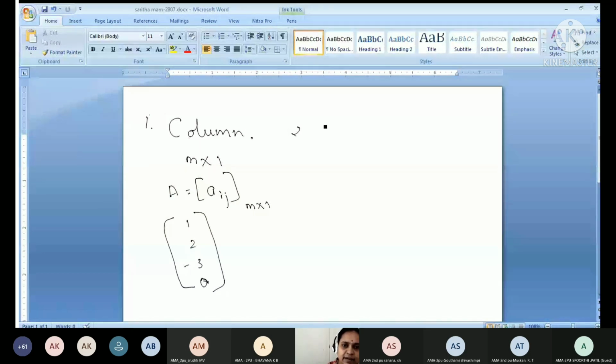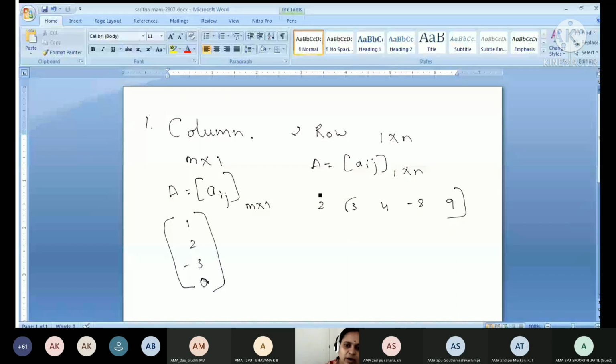Second one is row matrix. Row matrix means what will be the order? 1 by n. Only one row you have to write. So A is equal to Aij, order is 1 by n. Example, 2 root 3, 4, minus 8, 9.